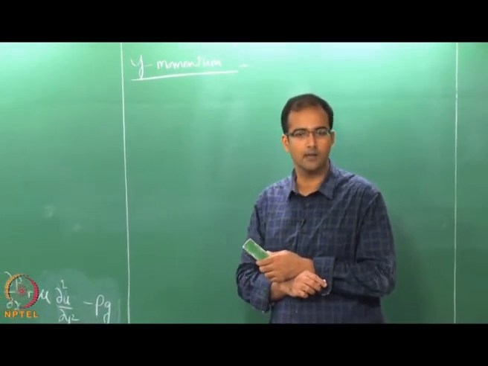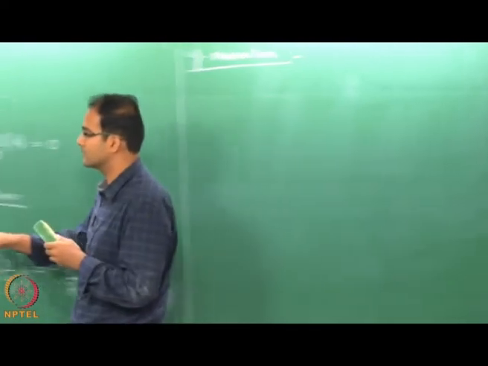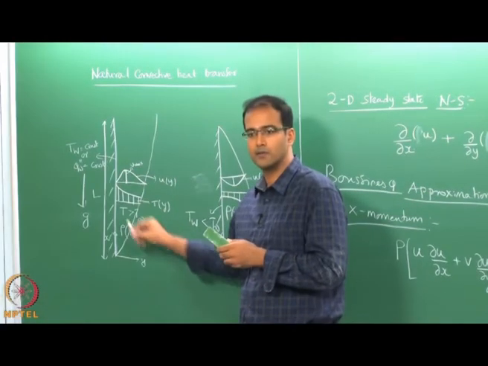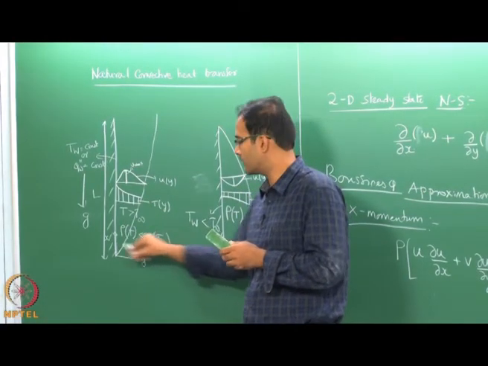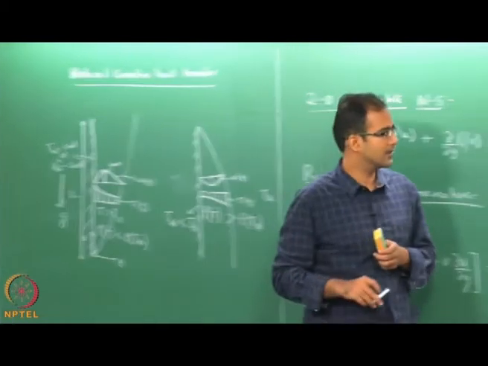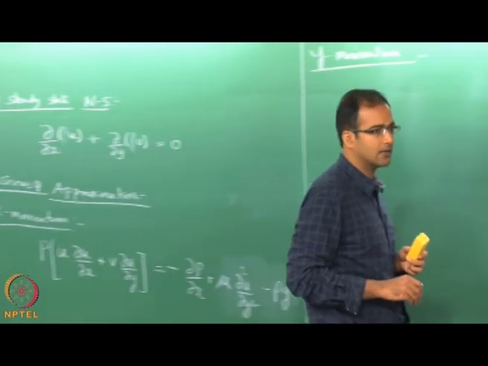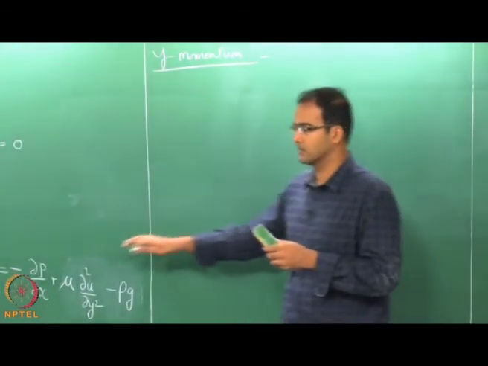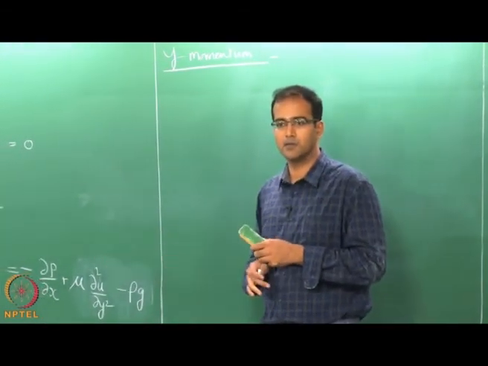We have only u velocity which is varying as a function of y, we do not have any v velocity, that is velocity perpendicular to the plate length. Okay. So, therefore, the advective term or the convective term of the y momentum equation will be 0.